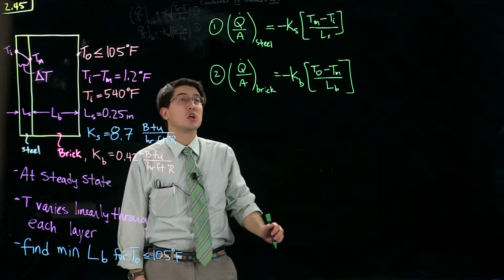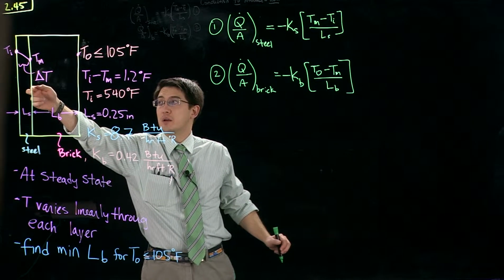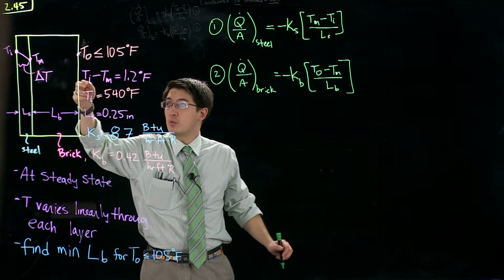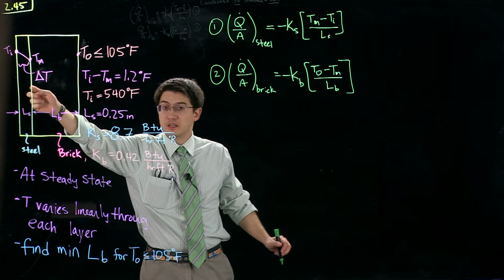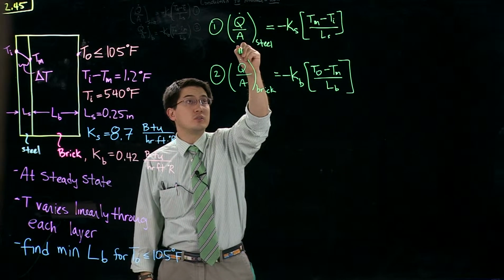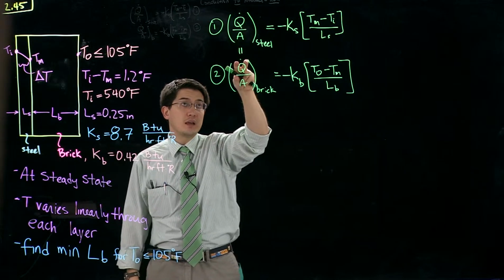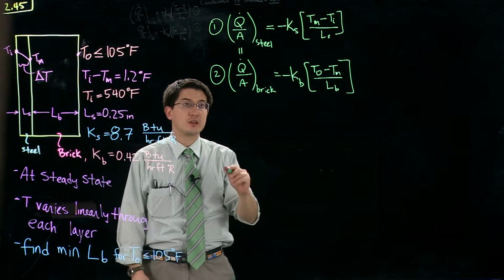All right? So we know the conduction from here to here, the conduction from here outwards, the conduction into this interface and the conduction out of that interface have to be the same. So we can set these two equal to one another. The heat transfer in has to equal the heat transfer out.